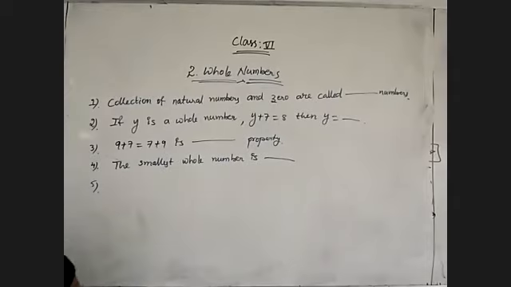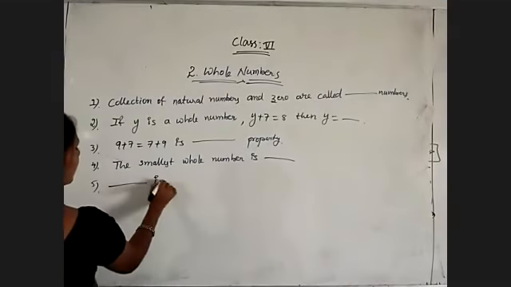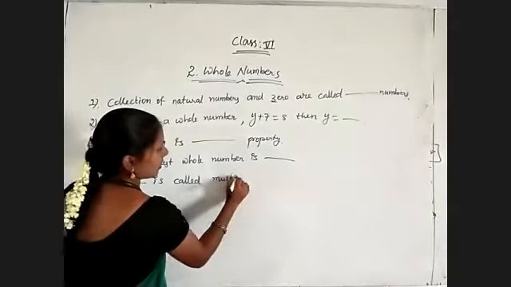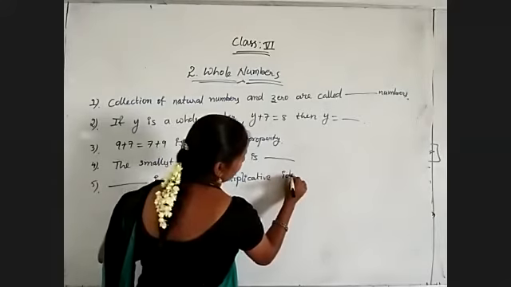And my another question is, dash is called multiplicative identity.